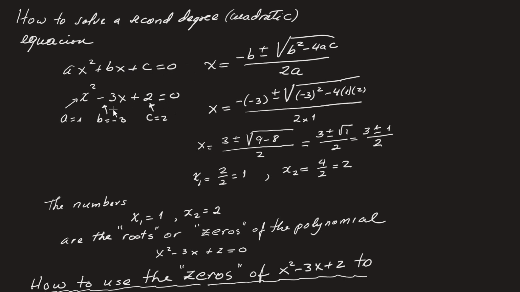This is the case, and the same for x equal 2. This is the case for this polynomial x squared minus 3x plus 2, where a is 1, b is minus 3, c is 2, and here is the quadratic formula.